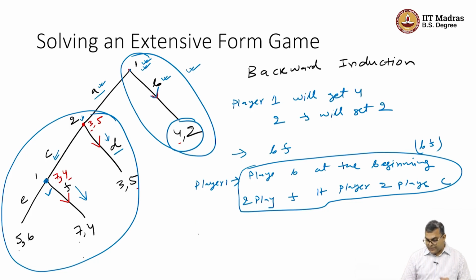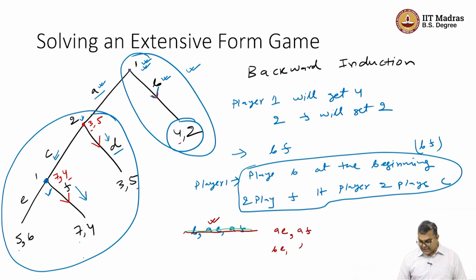So, typically when they are asked to write the strategy of player 1, they write B, AE, AF, which is clearly wrong. What are the player 1 strategies? They are AE, AF, BE and BF. These are the 4 different strategies of player 1.